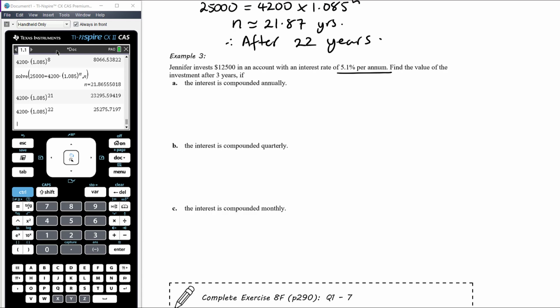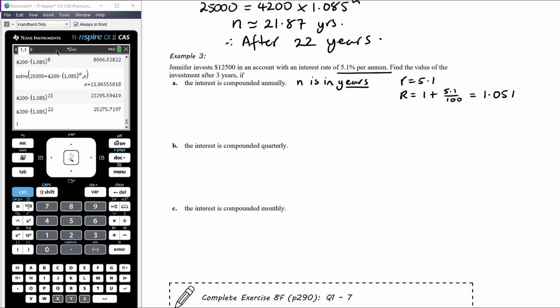So if our interest is compounded annually, in our formula, n is going to be in years, okay? And we know that the interest rate is 5.1% per annum, so R is going to be 5.1, which means if you need to work out your capital R value, it's 1 plus 5.1 over 100, which in this case will be 1.051.